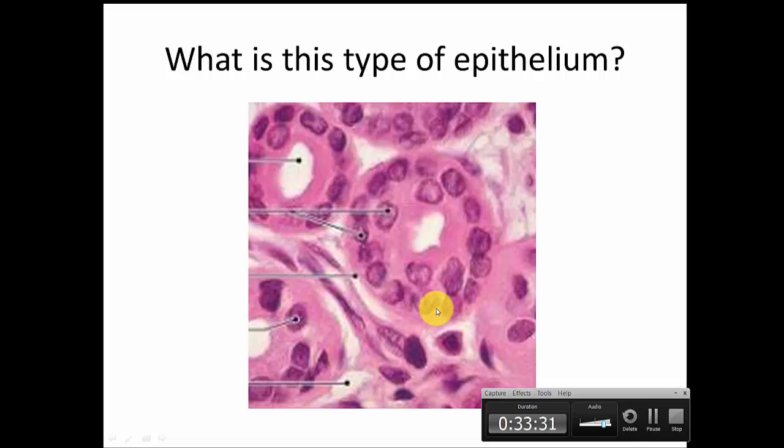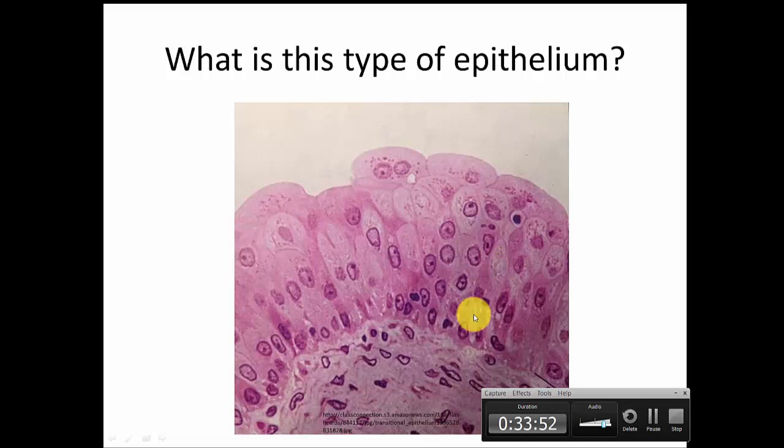Next one. Well, I see two layers. There's one layer here, there's a second layer here, and these cells have rounded nuclei, so these are stratified cuboidal epithelium. Next one. This is our transitional epithelium that is having dome-shaped cells on the top, and we have somewhat taller cells at the bottom.